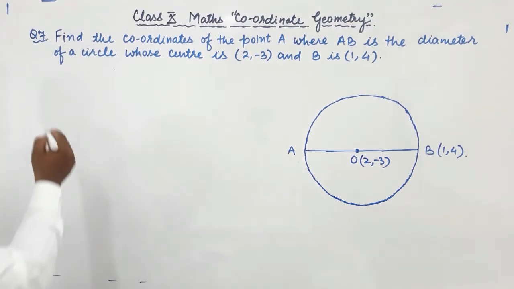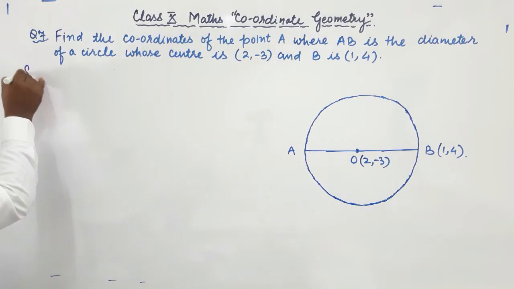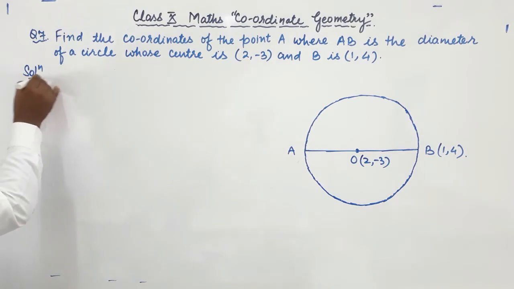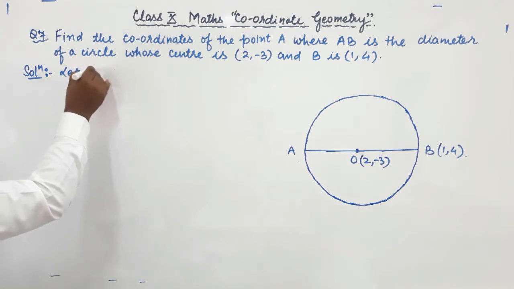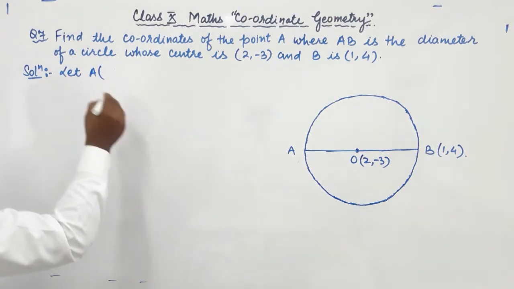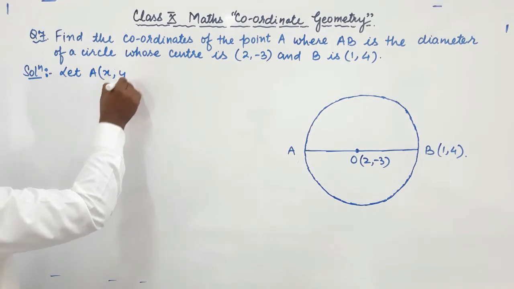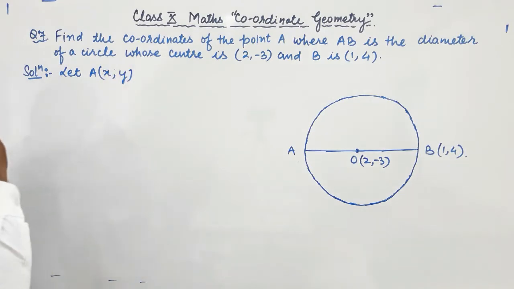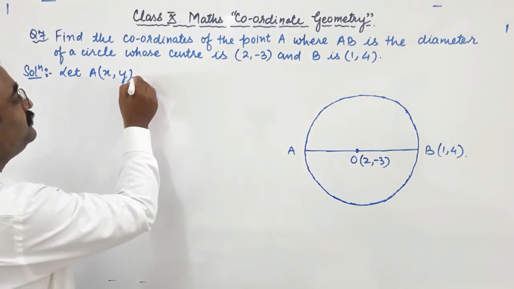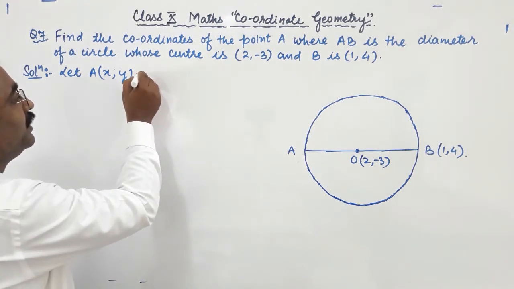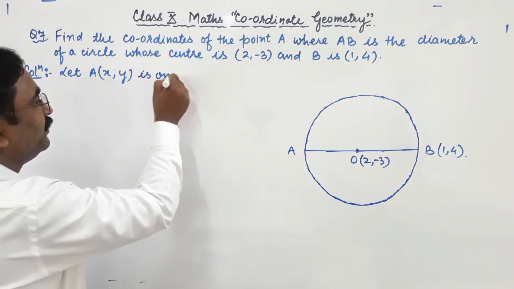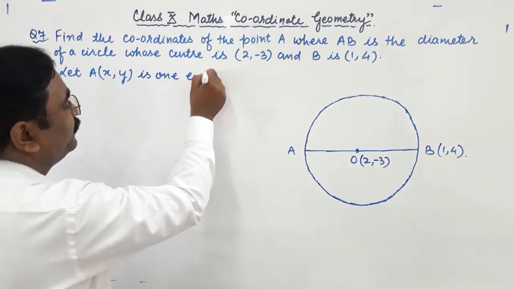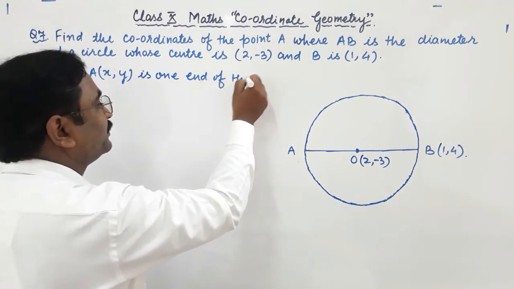Okay? So, see in the solution, let A, whose coordinates are x, y, which we have to find out, be one end of the diameter.